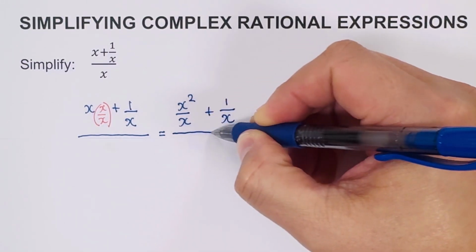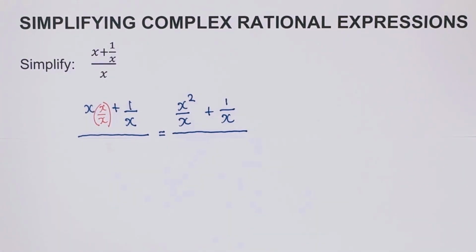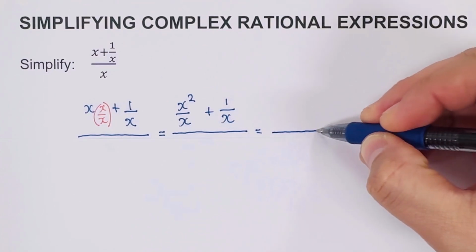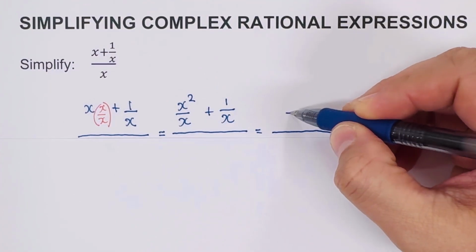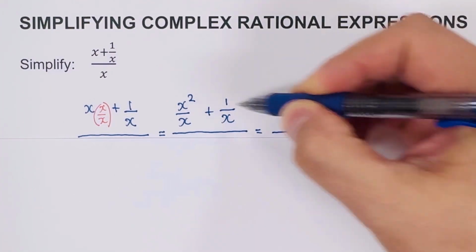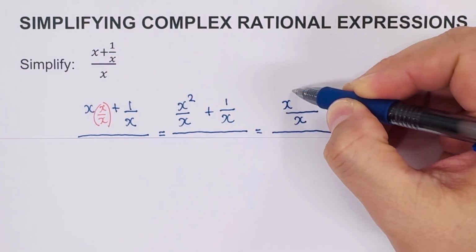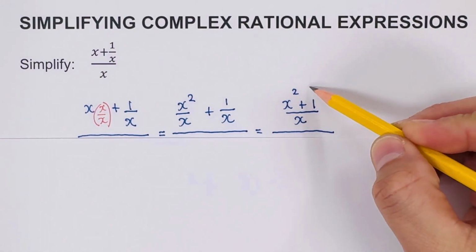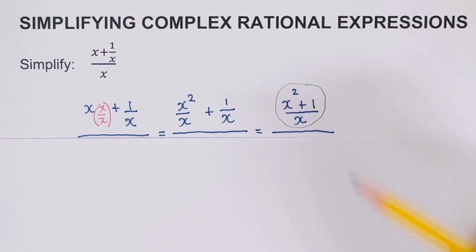They already have the same denominator, so we can add them together. We keep their common denominator, which is x, and add the numerators, so that is x squared plus 1. This is the simplified version of the numerator.